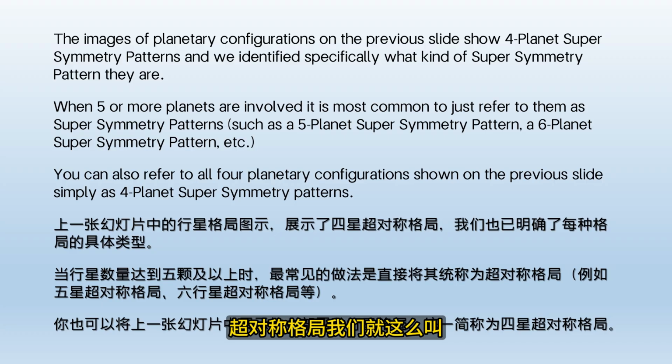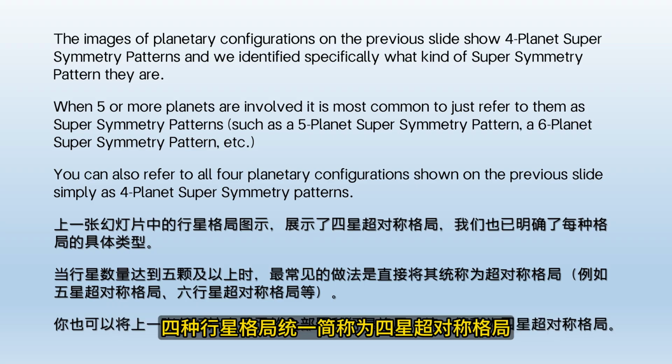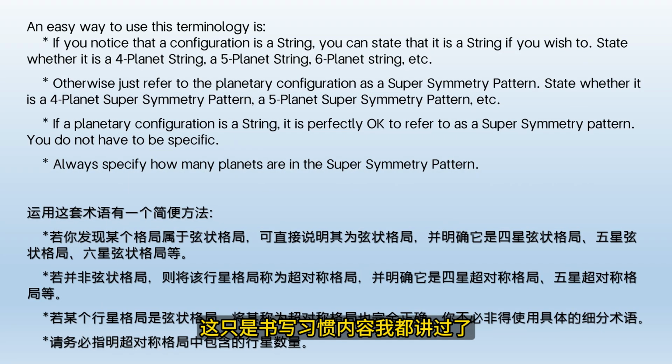We just call them supersymmetry patterns. The way you do that is you say, I have a 5-planet supersymmetry pattern, or a 6-planet supersymmetry pattern, or whatever it is. You can also refer to all 4 planetary configurations shown on the previous slide simply as 4-planet supersymmetry patterns. This is just to have it in writing what I've already said.